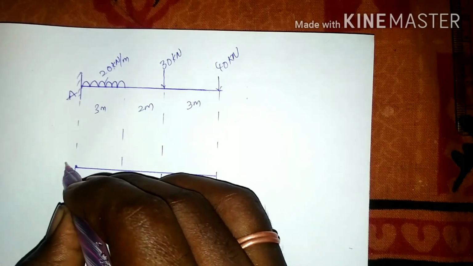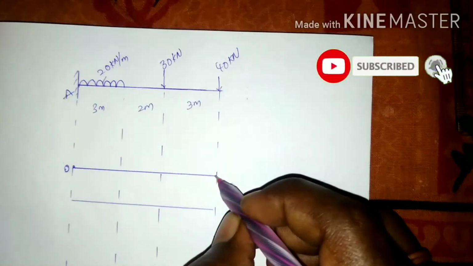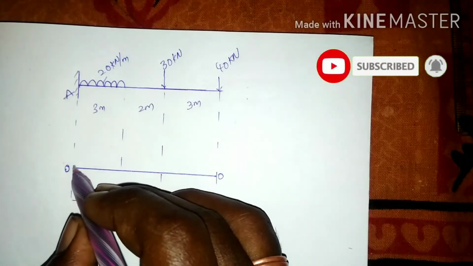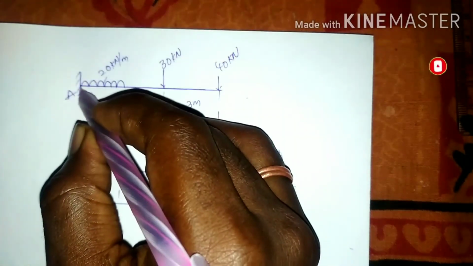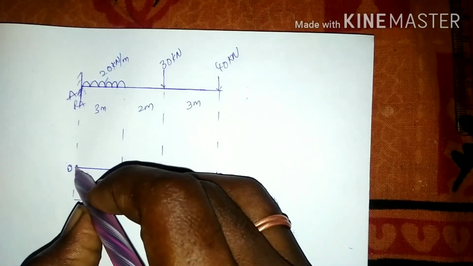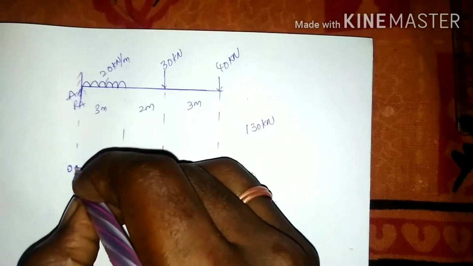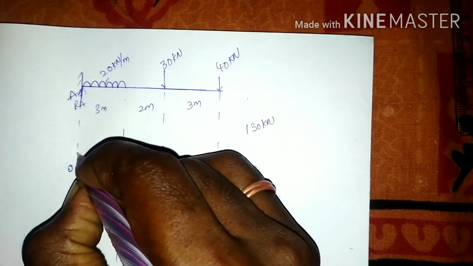On the left we are having 0, that is the reference, and here also this is 0 value. Here it is going to have an RA, the value of RA is equal to 130 kilonewtons, so it is raised to 130.